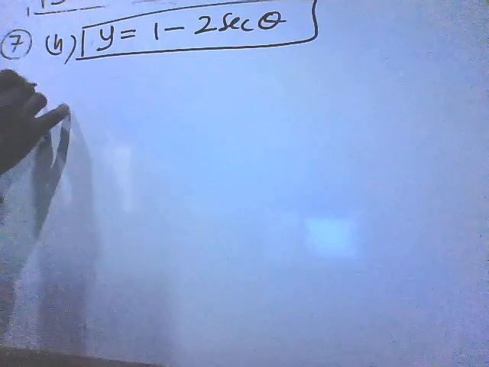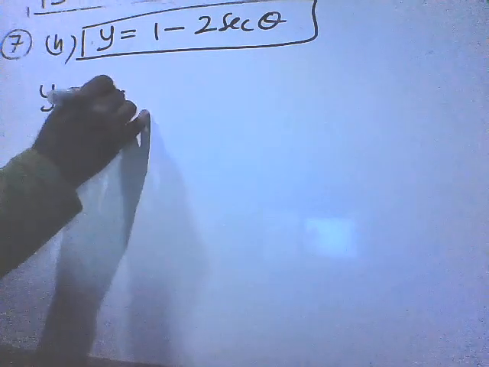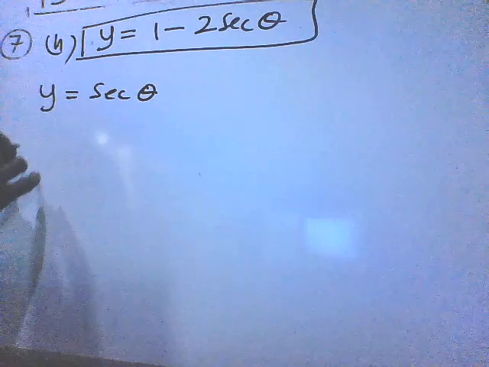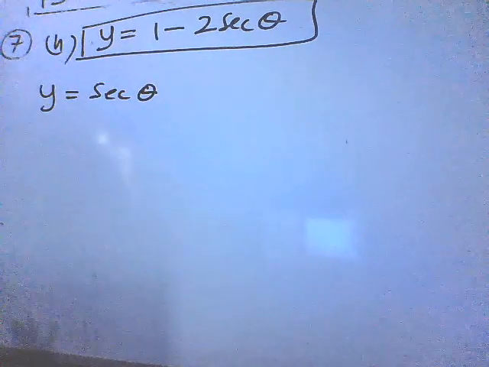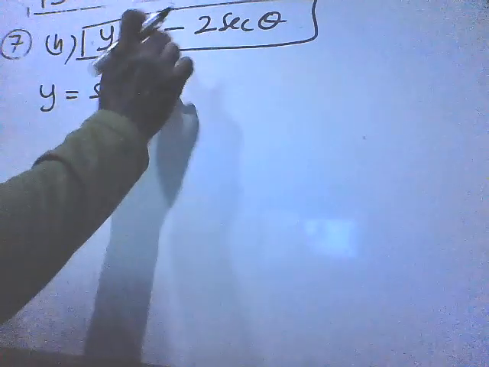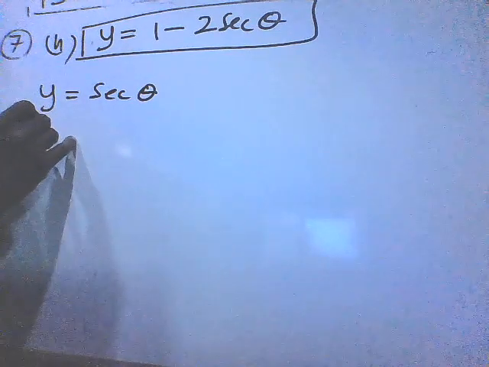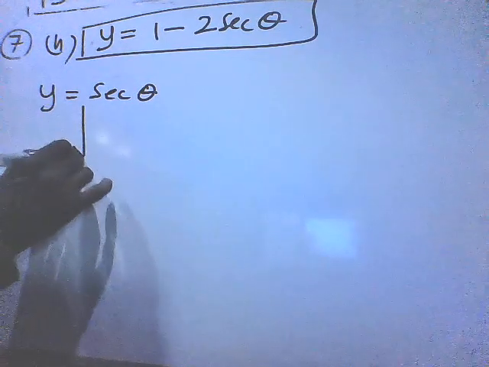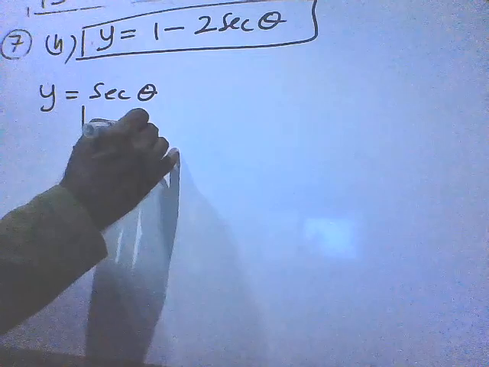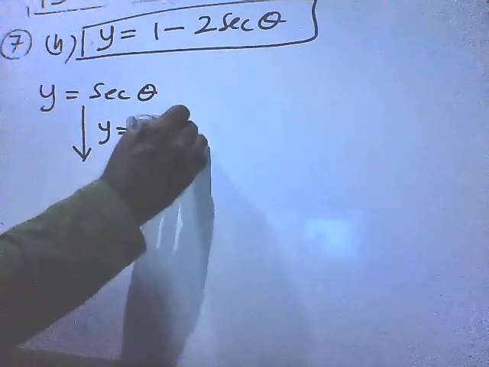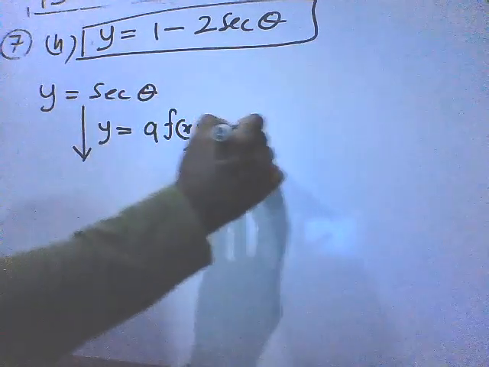We will start from y equals sec theta. To get 2 here, actually we can have a scale of minus 2, using y equals af(x).